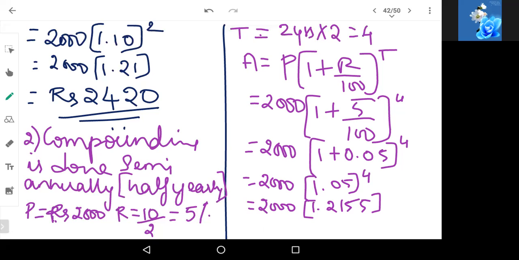Now multiply this with 2000. You will get rupees 2431.0123. You can take the full value also, no problem. You will get about 2431. We'll stop here. That's enough. So this is for the compounding done half yearly.